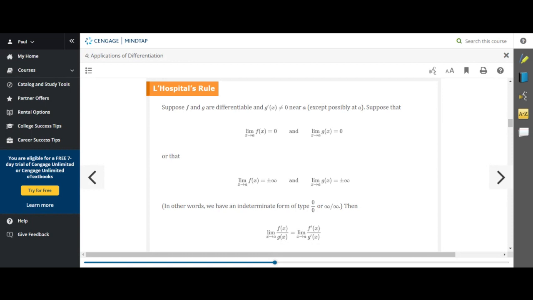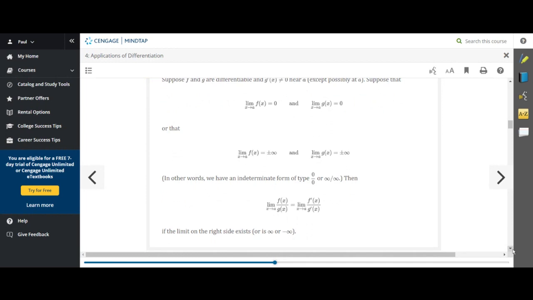That's called L'Hopital's rule. L'Hopital's rule is used for finding limits of indeterminate forms of the type 0 over 0 or infinity over infinity. And again, this is the key rule.